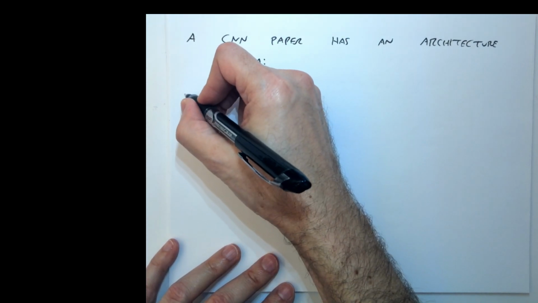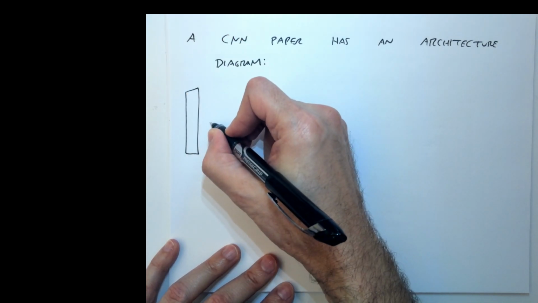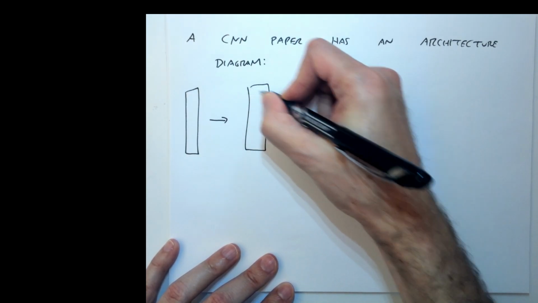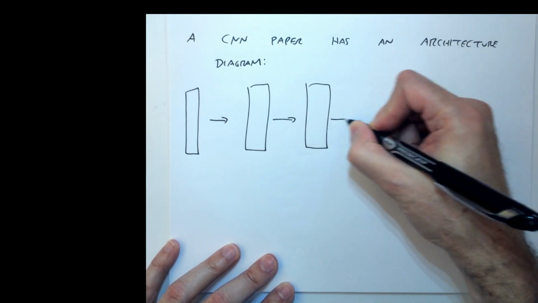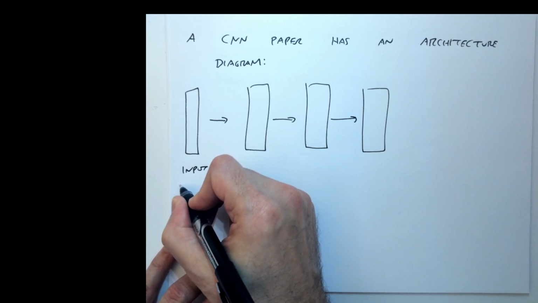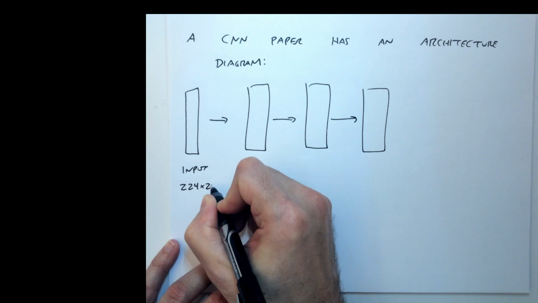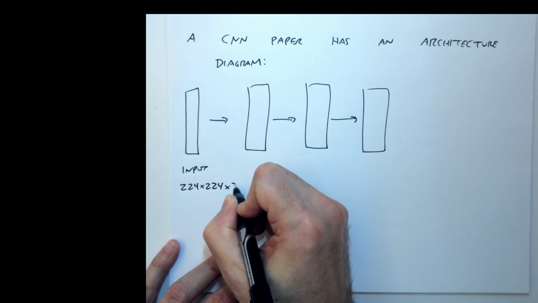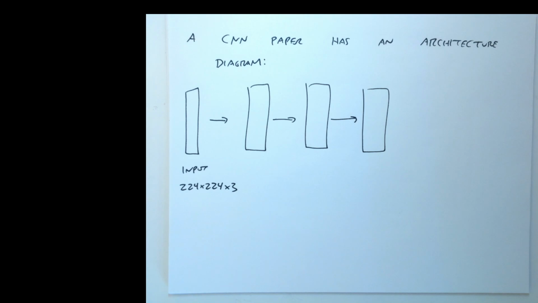Usually you represent these as boxes that look like this with some abbreviations. So maybe you have an input image, and you're noting the dimensions of each layer, right? So it's like, okay, this is a network that processes RGB 224 by 224 images, right?